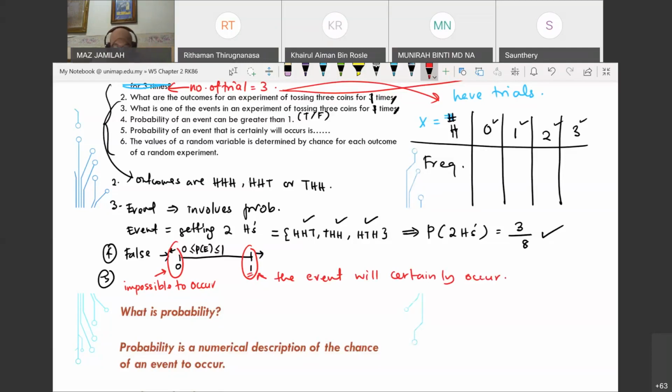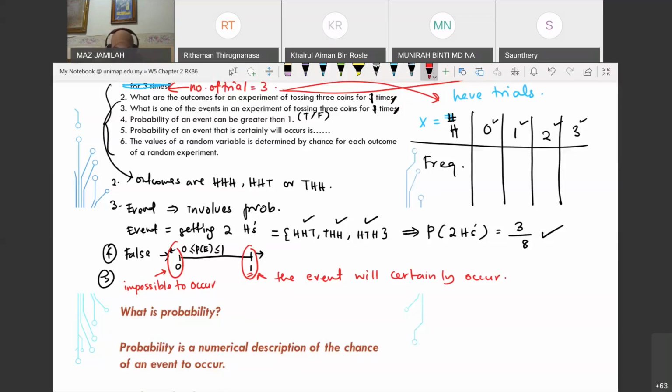Okay. Number 6, the value of a random variable is determined by chance of each outcome of a random experiment. Definitely. When you do the experiment, that particular outcome is defined, the random variable of that experiment is defined by the chance of each of the outcomes to occur.